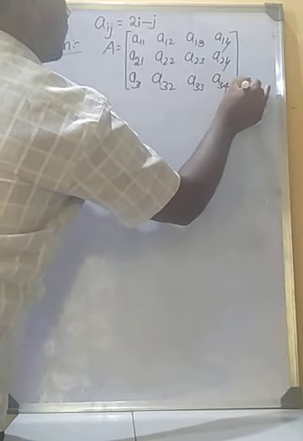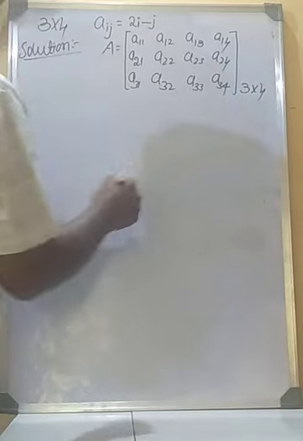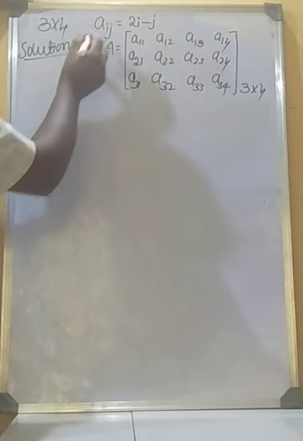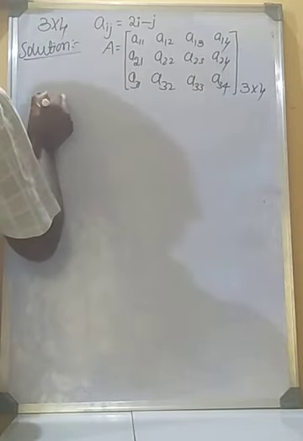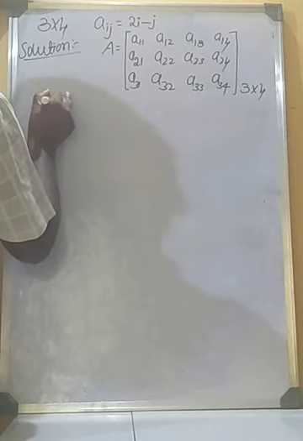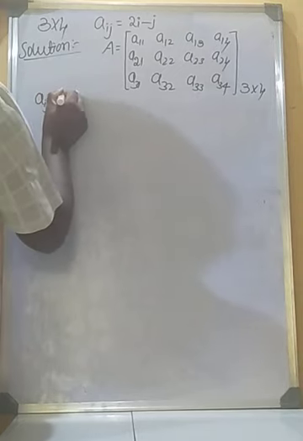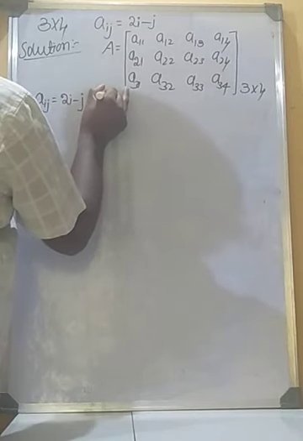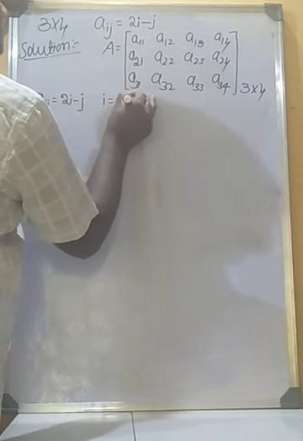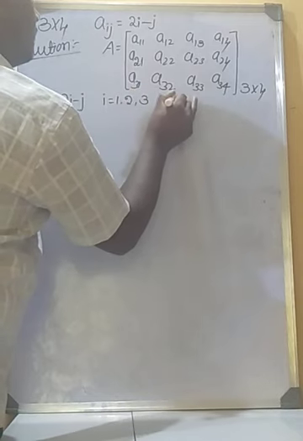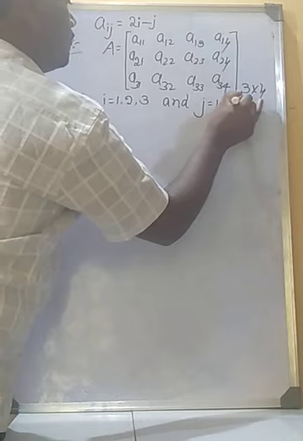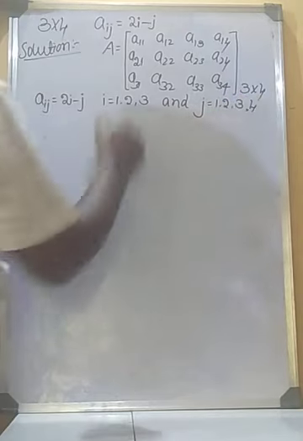So 3 rows and 4 columns. Now using the element Aij is equal to 2i minus j, i is equal to 1, 2, 3 and j is equal to 1, 2, 3 and 4.